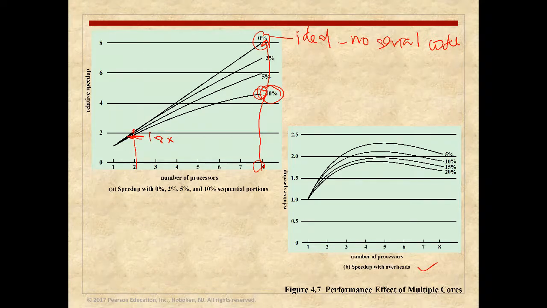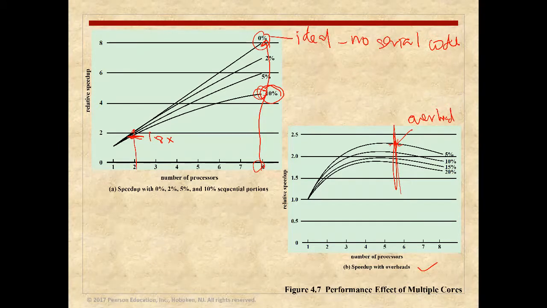Because of that, even when we apply multi-core and multi-threading, at some point the performance will stagnate or degrade due to the overhead. When you have multiple processors, you need communication between threads, and you must employ synchronization between processors. So at some point it will introduce overhead and the performance will decline.